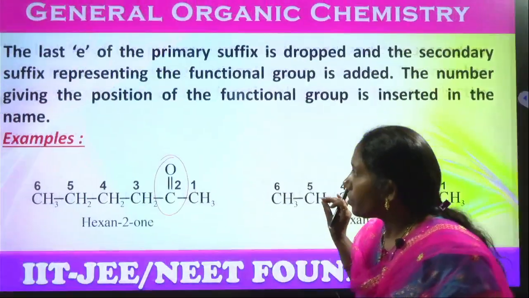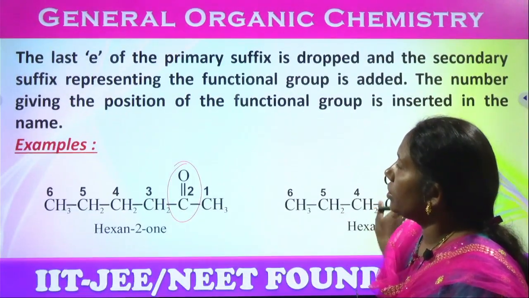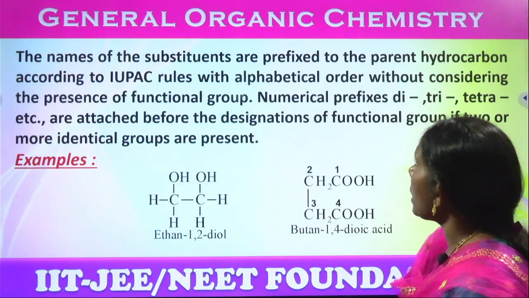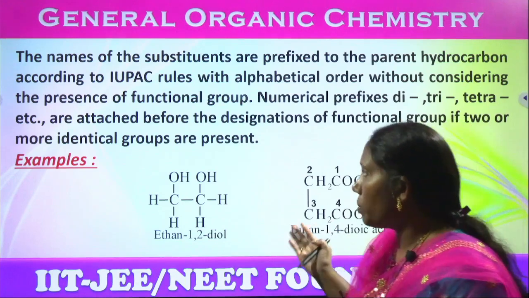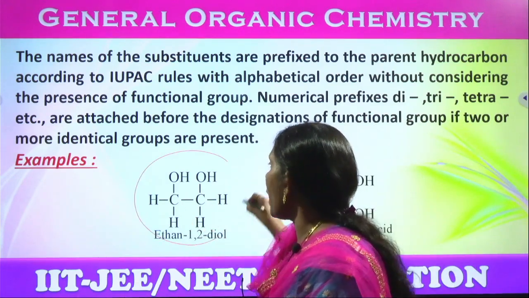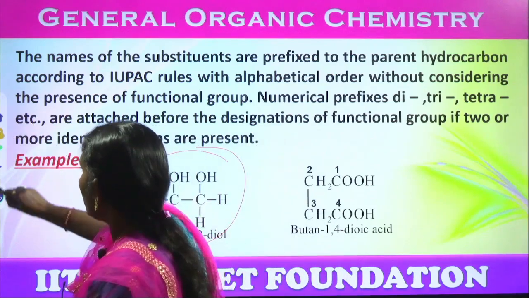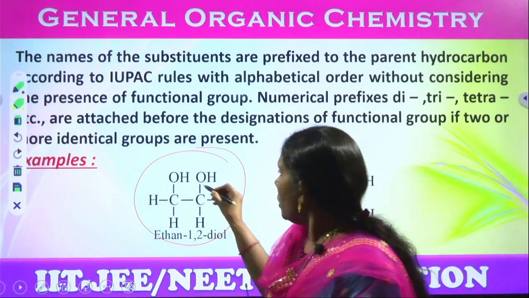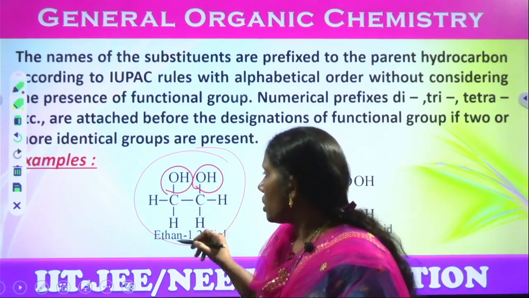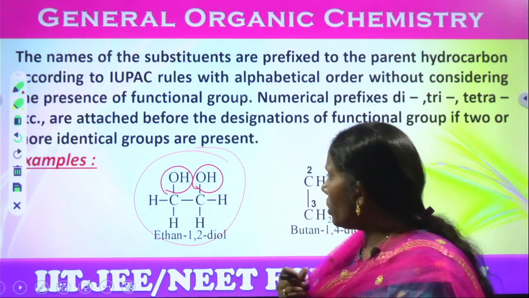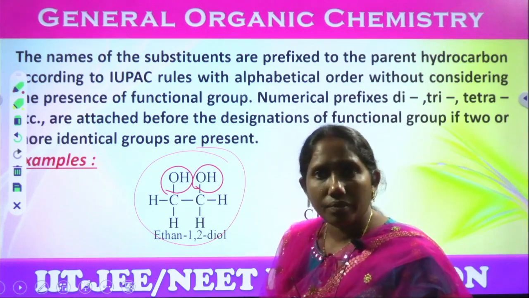Now, next one. The names of the substituents are prefixed to the parent hydrocarbon. Okay, whatever, I will explain this with an example. Some identical groups are present on this. See here, OH and OH on adjacent carbons are present. So you can give numbering from any side.